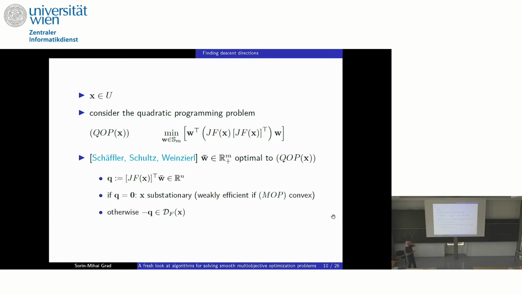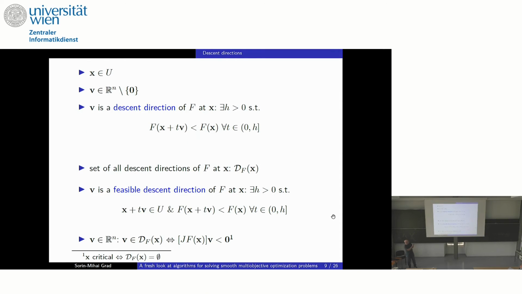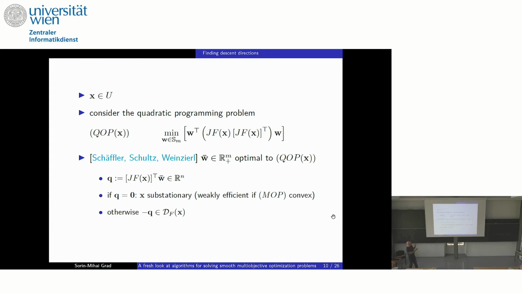And it was a paper from 20 years ago which provided some inspiration, because these authors provided a method for computing a general descent direction, not the steepest descent, by means of a quadratic problem. In this case, minimize a quadratic function over a simplex.